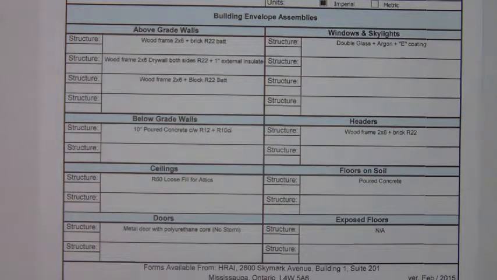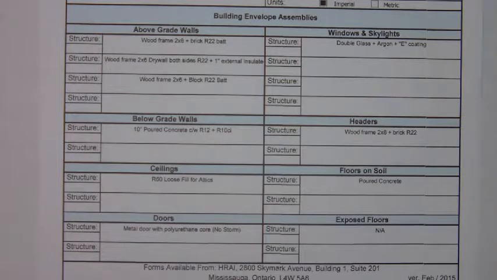You'll notice, for instance, for the first structure, wood frame 2x6 plus brick and an R22 batt. Now obviously within that wall assembly we've got other items like plywood, airspace, the exterior air film, the interior air film, but a lot of these are common and therefore would be assumed to be included in these descriptions.